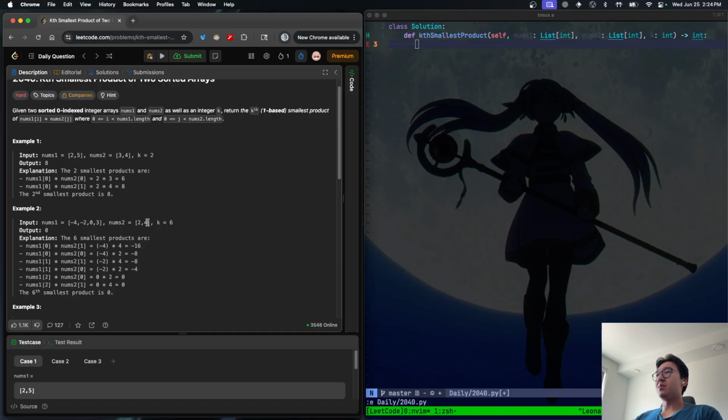So I think we can divide k by the length of nums2. In this case, it will be 6 divided by 2. And then we also need to take the remainder of that too. So 6 divided by 2 is equal to 3. So you're going to use three numbers, 0, 1, 2.